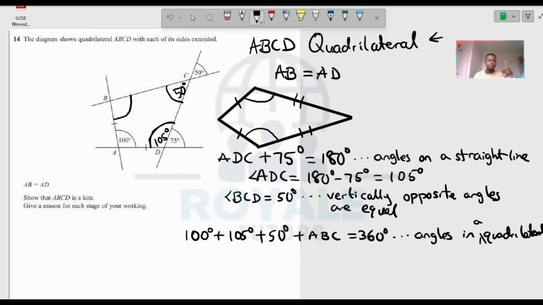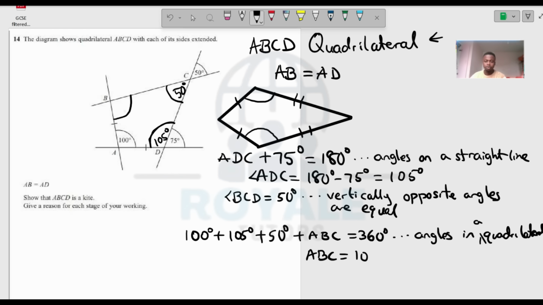Then at the beginning of the question, I was told that ABCD is a quadrilateral. From what I know of the property of quadrilaterals, angles should add up to 360. That's the same thing I did. So from there, I will get the value of my ABC.